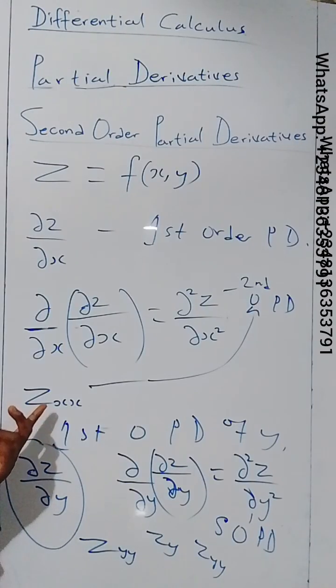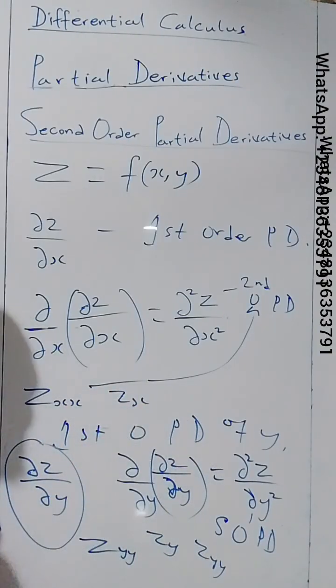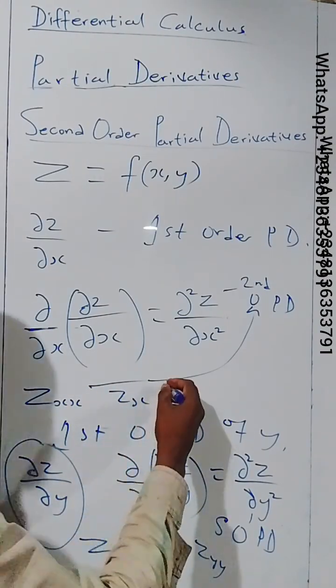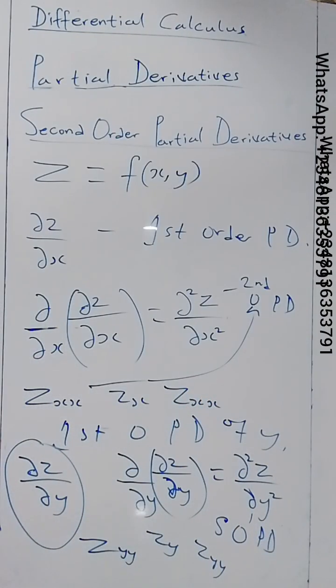The same thing applies to z x, which means first order partial derivative with respect to x, then when we have z x x, it implies second order partial derivative with respect to x. So this is about the notation we use for second order partial derivatives.